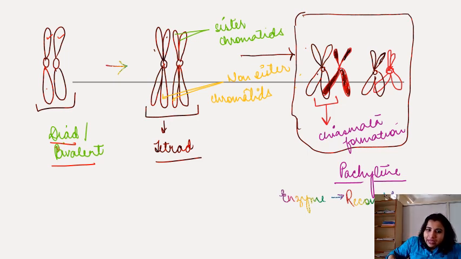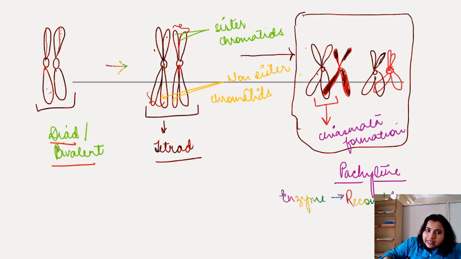But what exactly will happen here? See, this chromosome will start splitting here. After splitting, you will see that there are four arms. This chromosome gets split and changes into four chromatids.